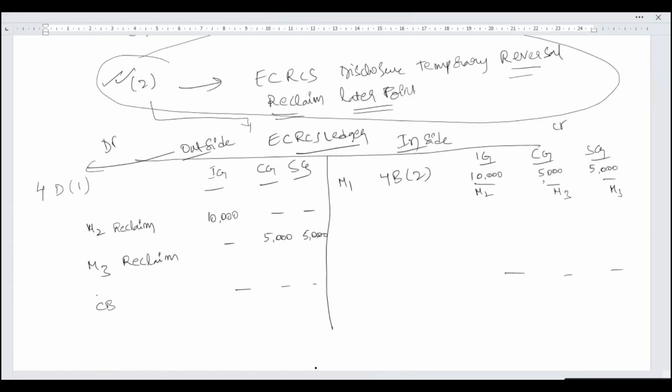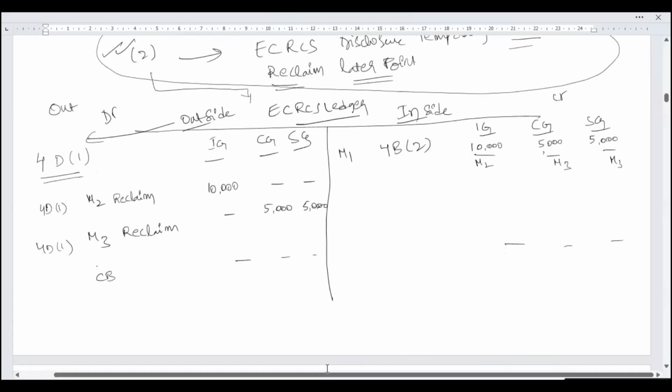In month 2, in 4D1, I'll mention 10,000. Month 3, 4D1, I'll mention 5,000. So this 4D1 is an indicator of how much is going out of the credit ledger.